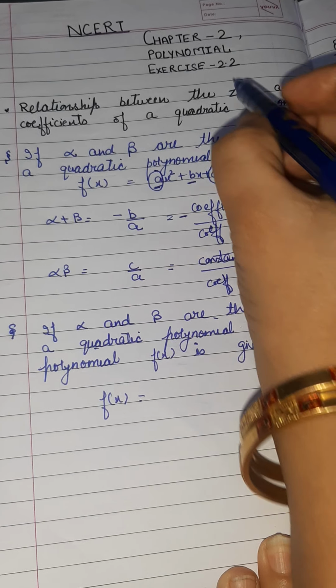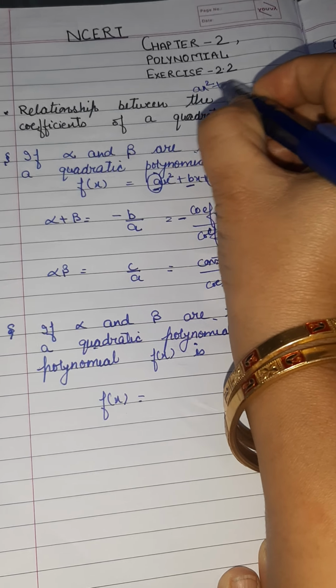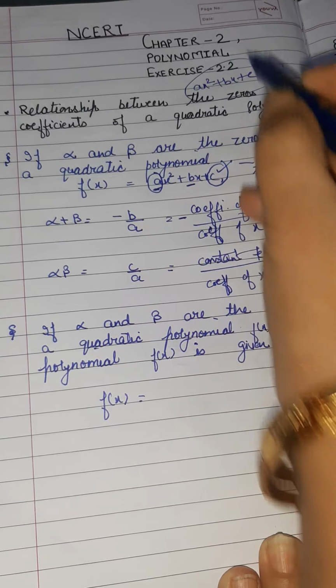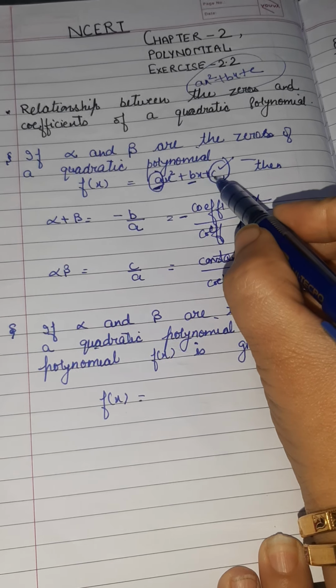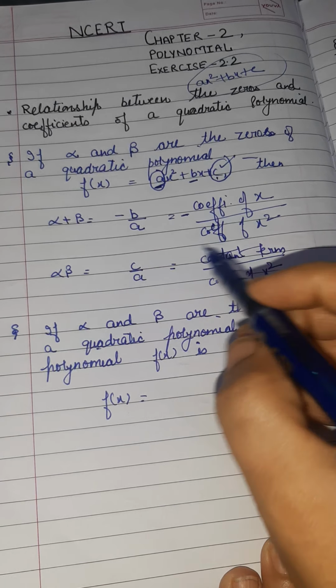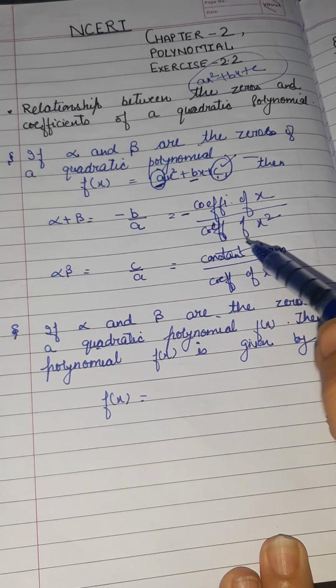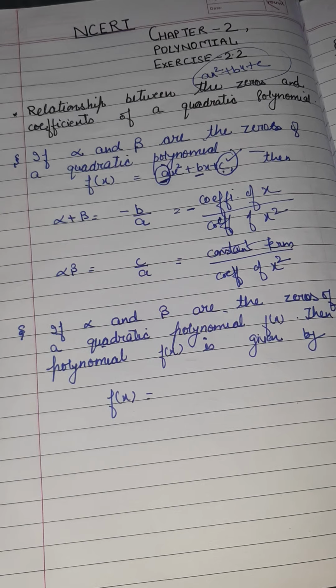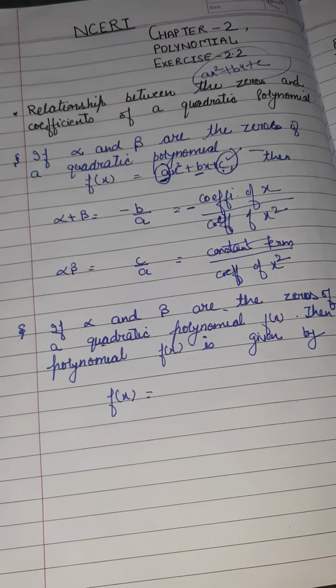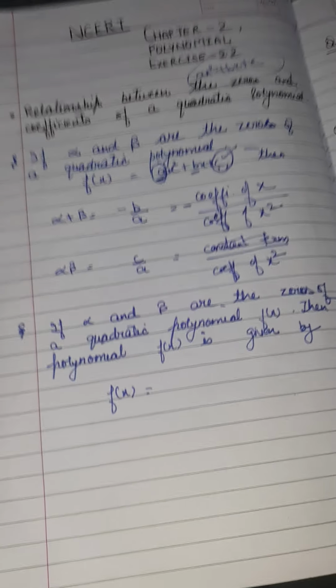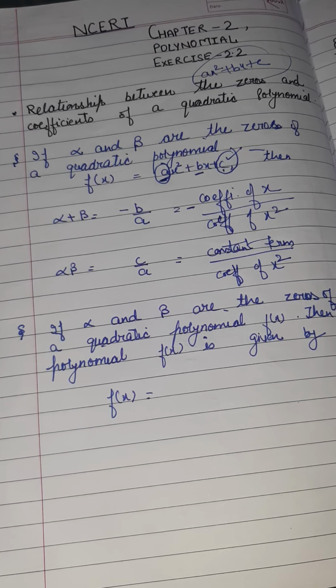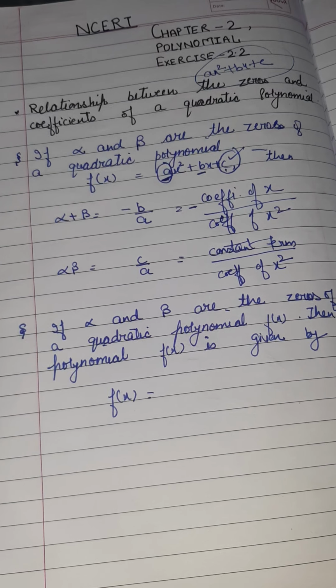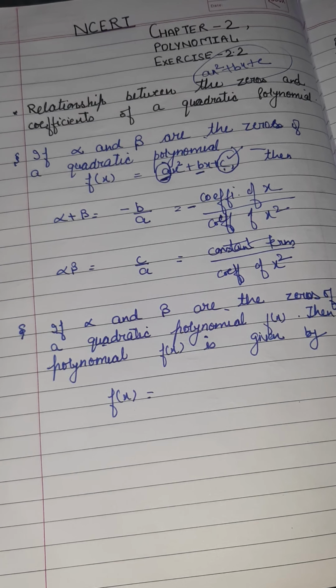So the quadratic polynomial is ax square plus bx plus c, the coefficient is a and the constant term is c, so the product of alpha and beta equals c upon a. If alpha and beta, the two zeros of a quadratic polynomial, are given, then we find the polynomial, meaning the quadratic equation.